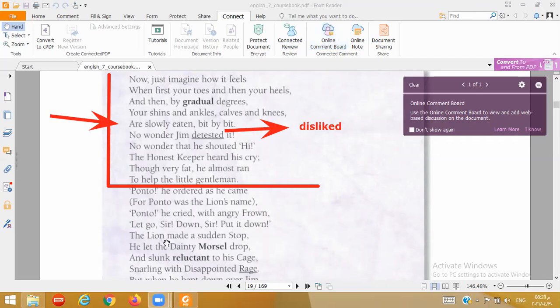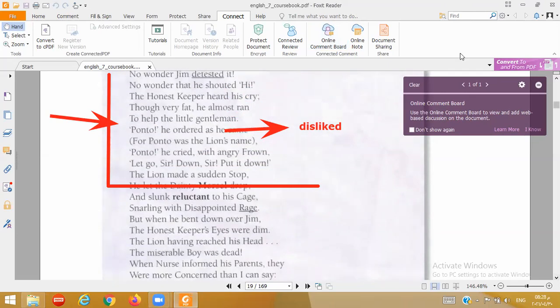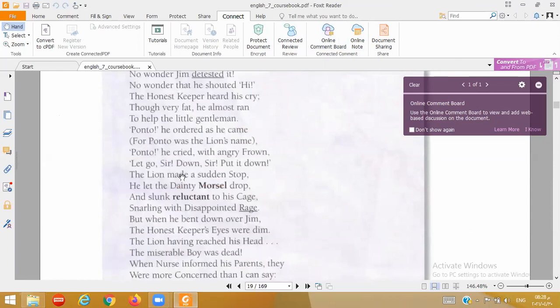Ponto, he ordered as he came. For Ponto, he cried, with angry frown, let go, sir. Down, sir, put it down. The lion made a sudden stop.